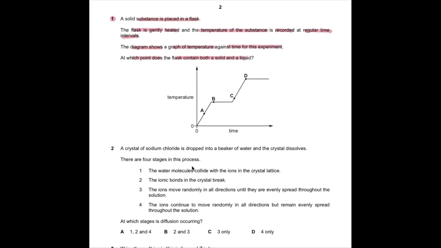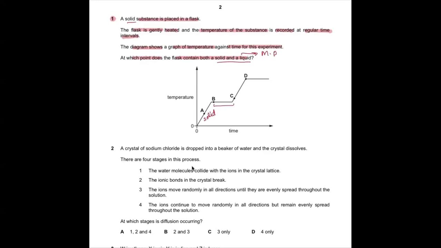So if we recall, we know that both solid and liquid exist at a melting point, right? And as they have told you that it is a solid substance, so obviously over here it's a solid.